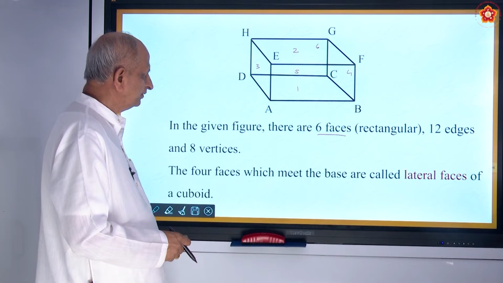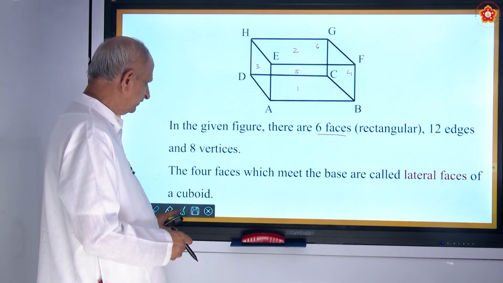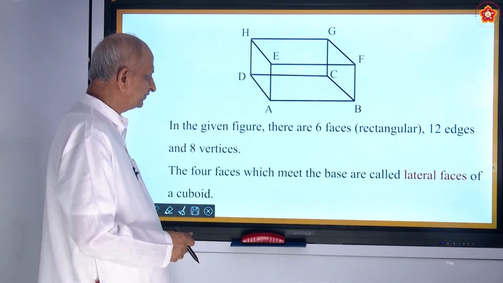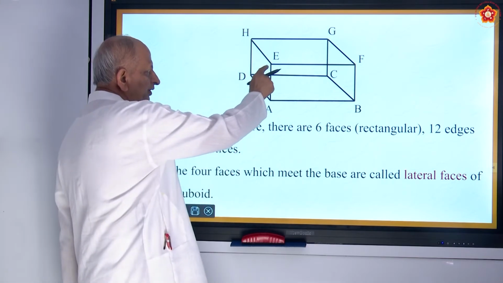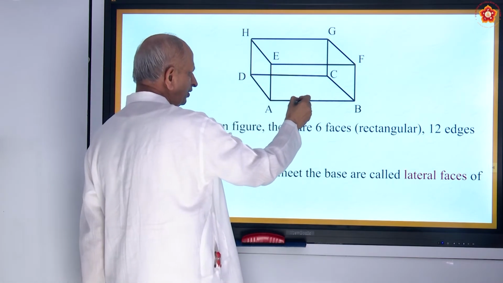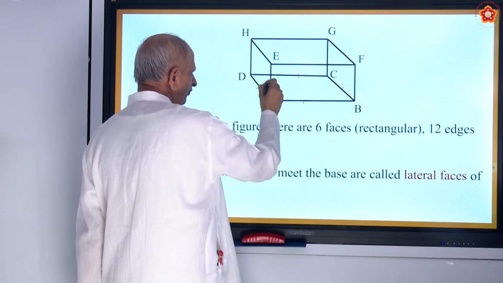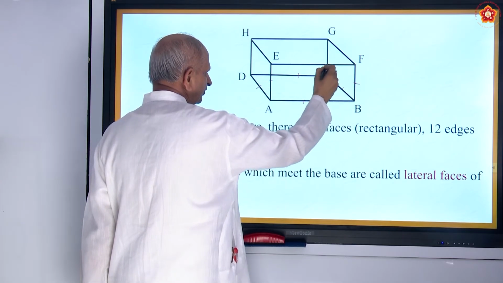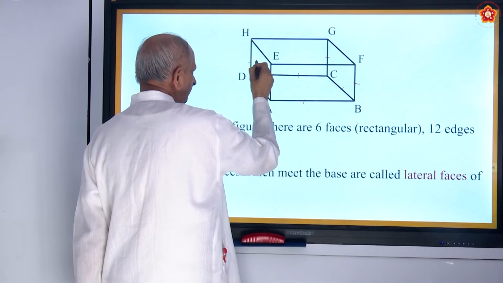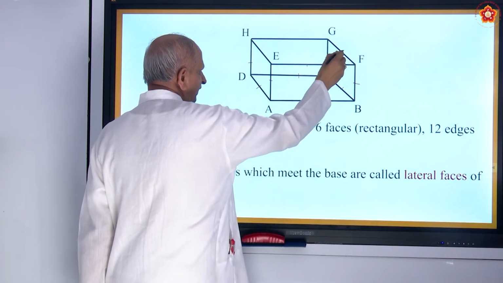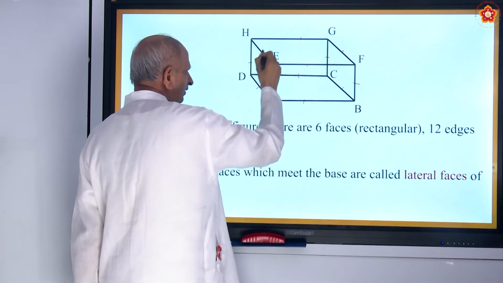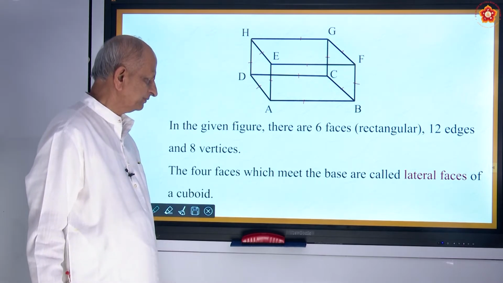It has 6 faces, 12 edges. These are called edges. You have 1, 2, 3, 4, 5, 6, 7, 8, 9, 10, 11, 12. So 12 edges are there.